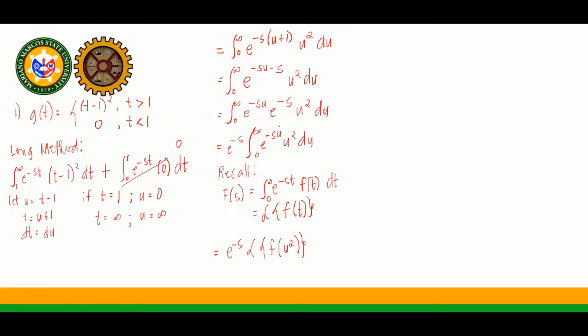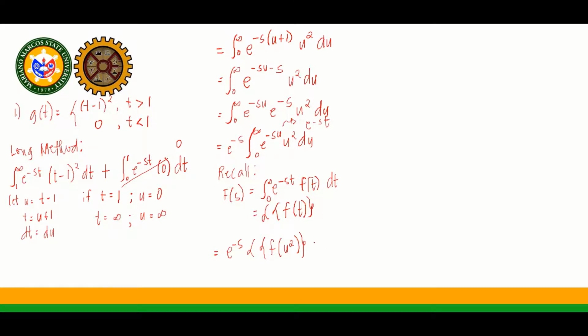Ito, si e raised to negative su is when we are in terms of t, this is e raised to negative st. Okay? So this is f of u squared.